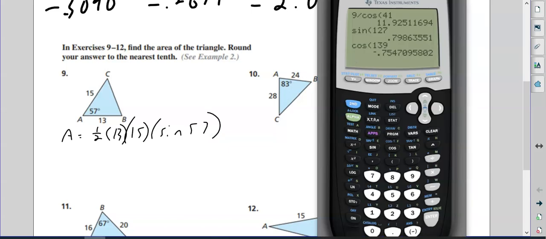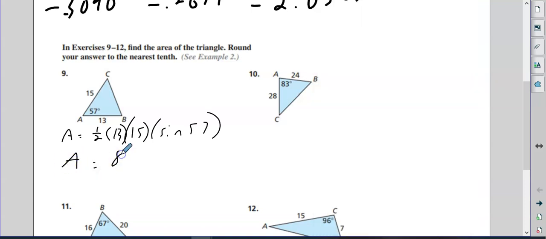And you can just type this in: 0.5 or 1/2 times 13 times 15 times the sine of 57. And it says round to the nearest tenth, so 0.77. So the area is 81.8 units squared. We say units because it doesn't say inches or feet.